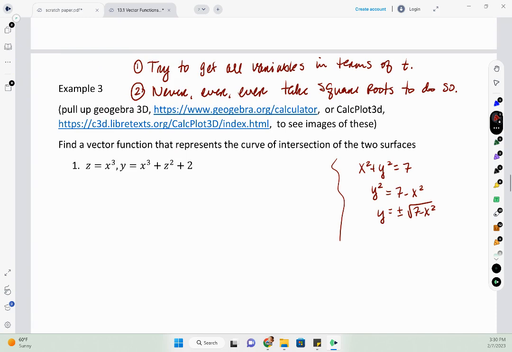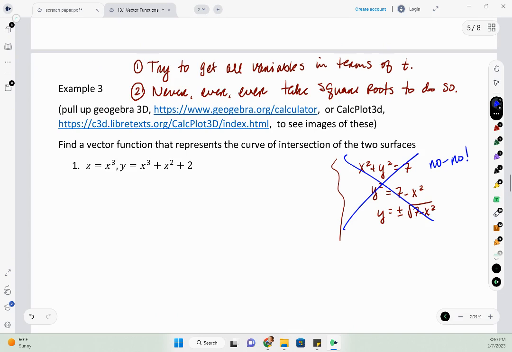So if you're trying to parametrize a circle, you cannot use one or the other of those solutions. And if you try to use both, then you have two functions in one component, and that doesn't work either. So don't do this. This is not allowed. This is a no-no.